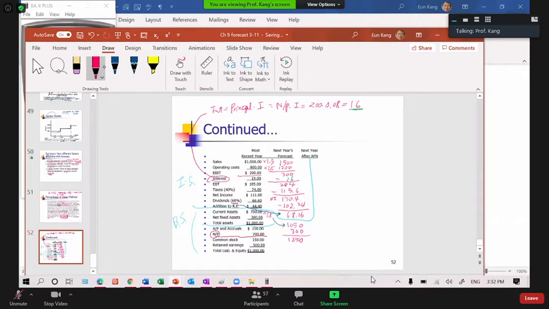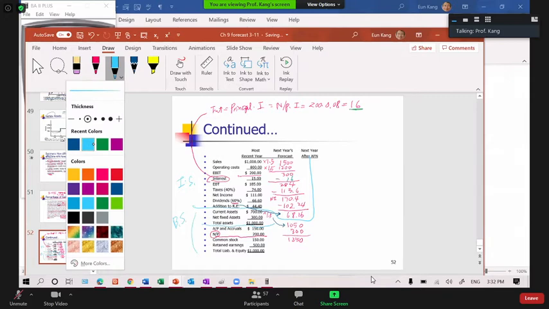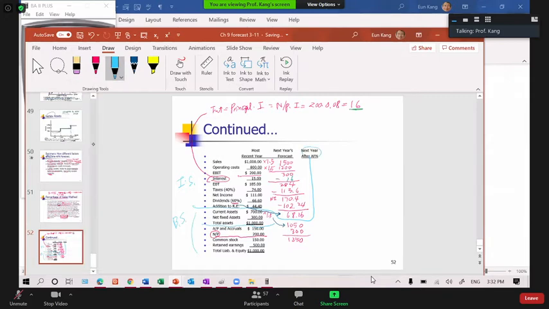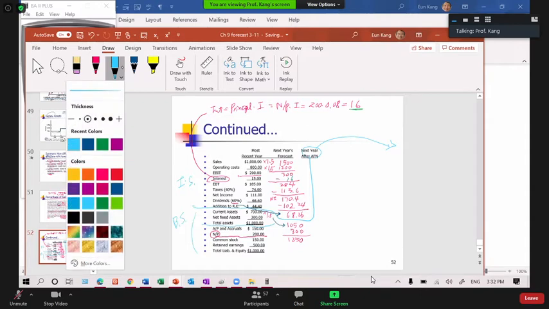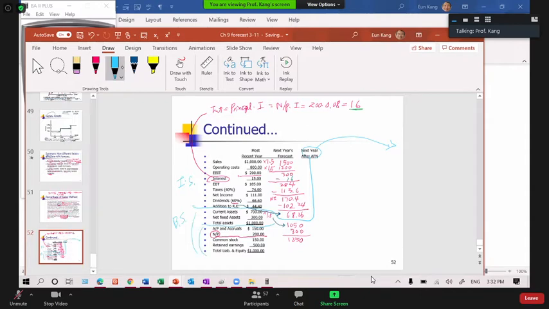We have no space, so maybe we'll move this one here. And now we have just the right-hand side of the balance sheet.